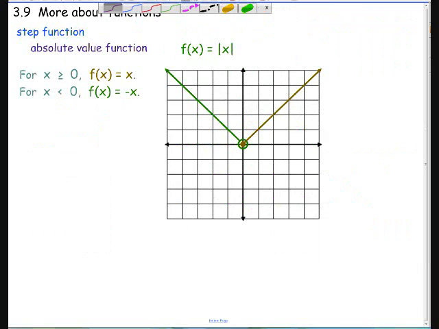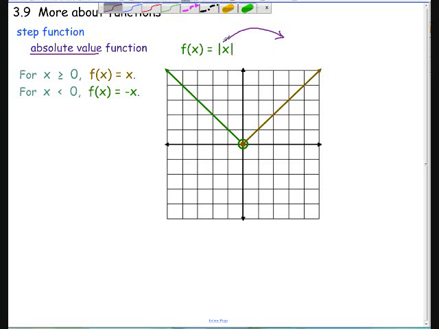Great, great function, just for the fun of it. I will try to get through this quickly now. The absolute value function can be seen as a step function. You know that any time we've had absolute value, we've had to separate it out.